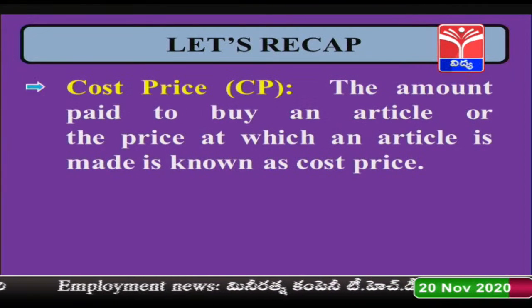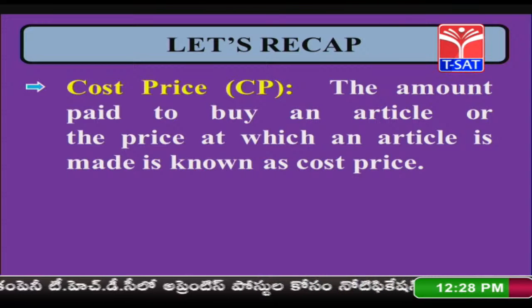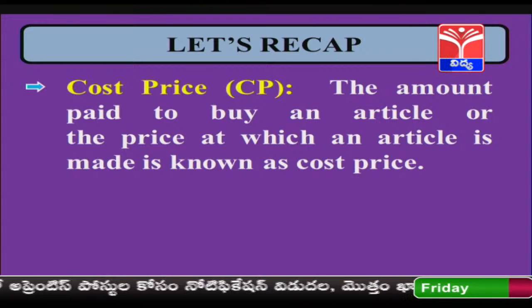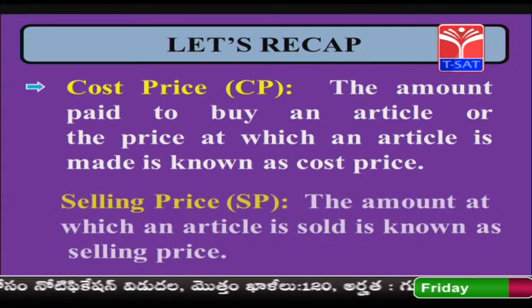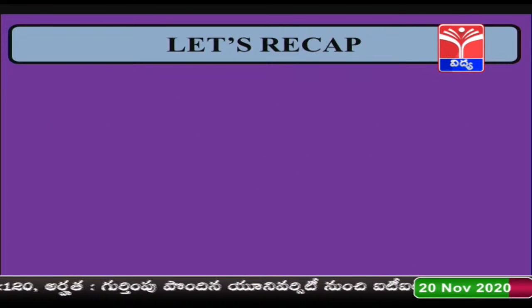So, children, we have learned the concepts of simple interest, discount, etc., and also solved some problems based on these concepts. So, before we end our session, let us quickly recap what we have learnt in this session. The amount paid to buy an article or the price at which an article is made is known as its cost price. The amount at which an article is sold is known as its selling price.